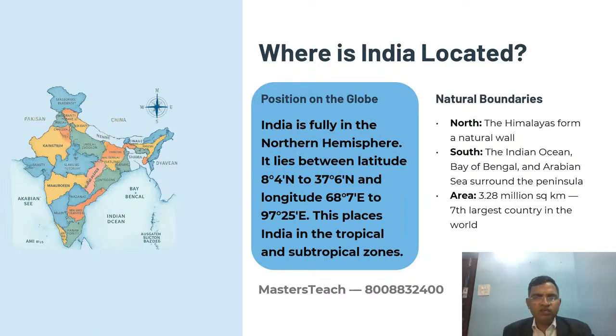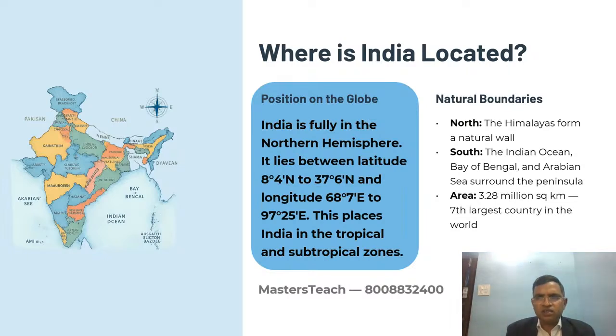It lies between the latitude 8 degrees 4 minutes north to 37 degrees 6 minutes north, and in longitude 68 degrees 7 minutes east to 97 degrees 25 minutes east. So India is in the tropical and subtropical zones.